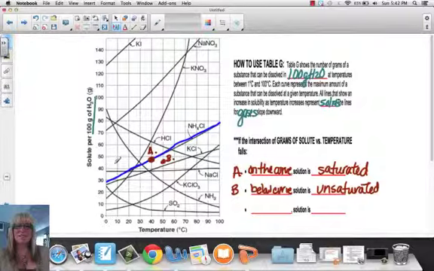And if it is above the curve, it is supersaturated.